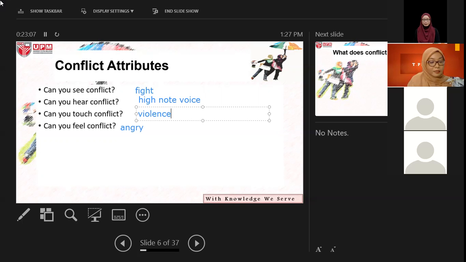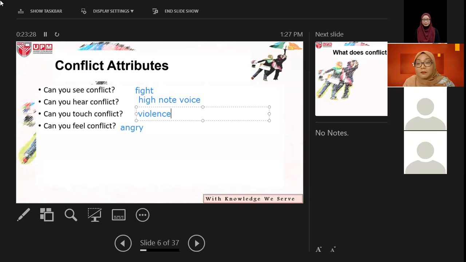And then the violence issue, for example, during the COVID-19 last time, I'm sure that you heard a lot of issues related to domestic violence. The number of domestic violence increased sangat during the pandemic.